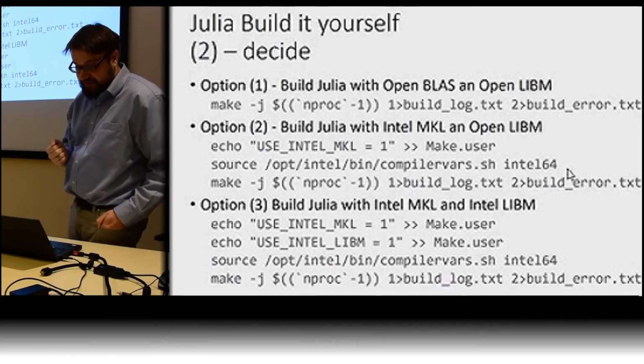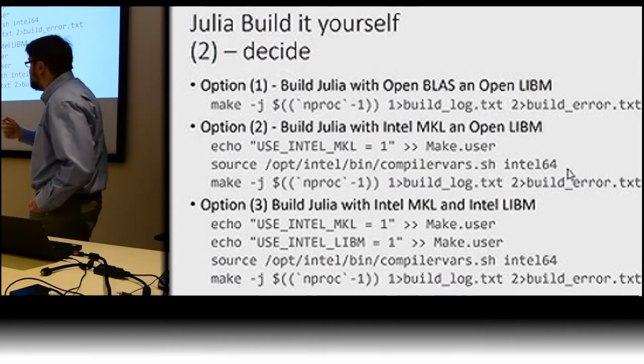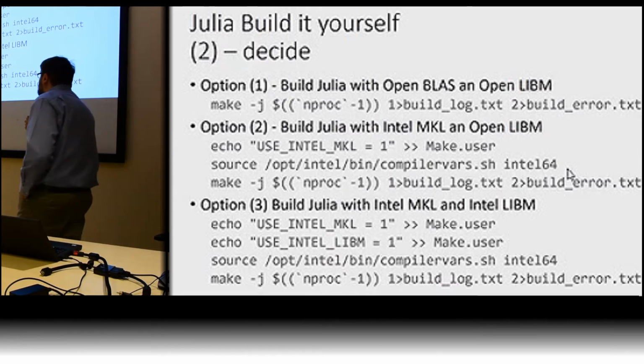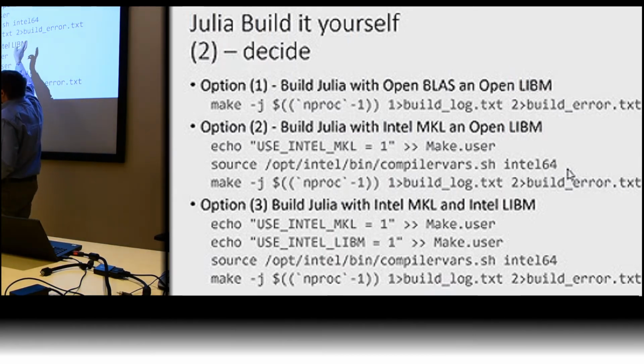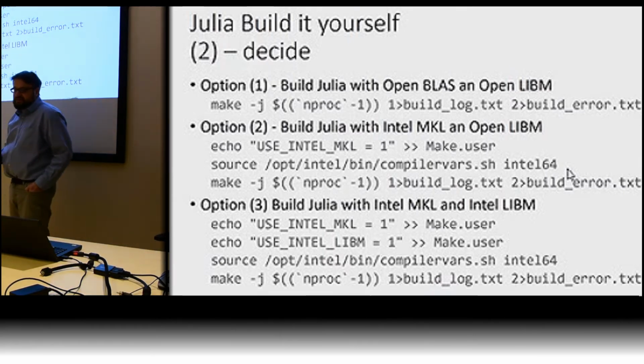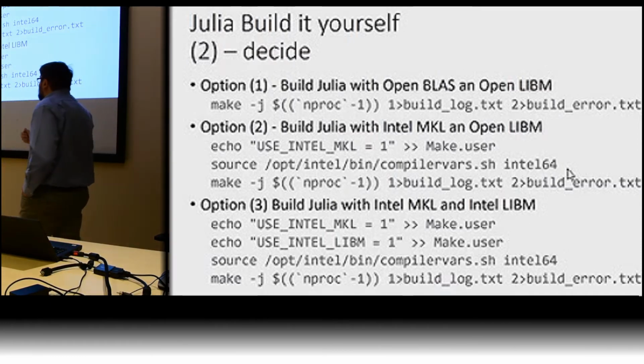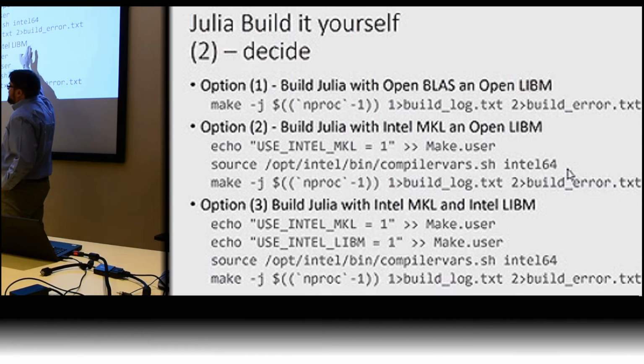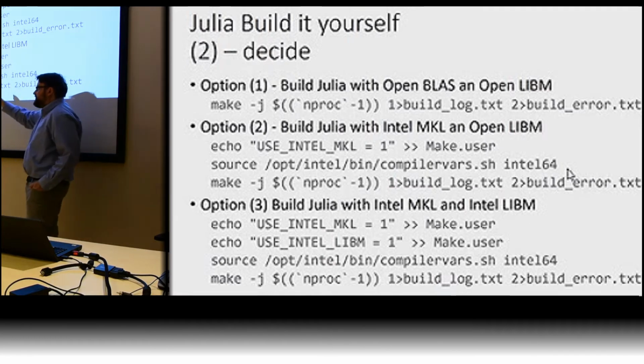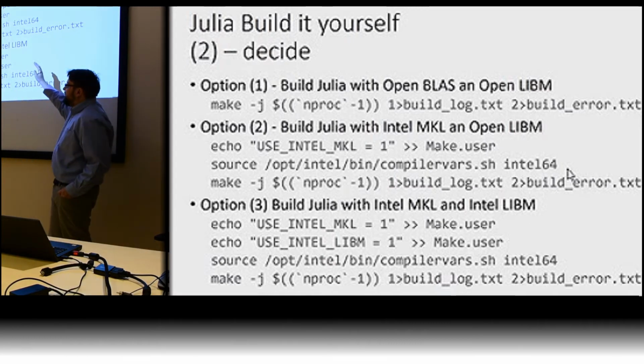So I add this information to the build configuration file. I execute a script that installs the Intel Math Kernel Libraries, and then I can build my Julia. If I'm using any ready Julia version, usually this is what I get.